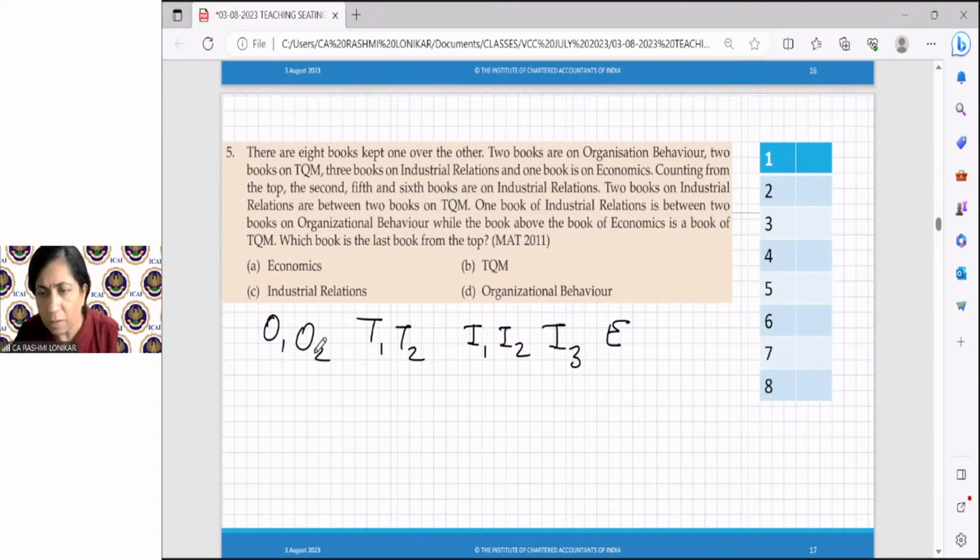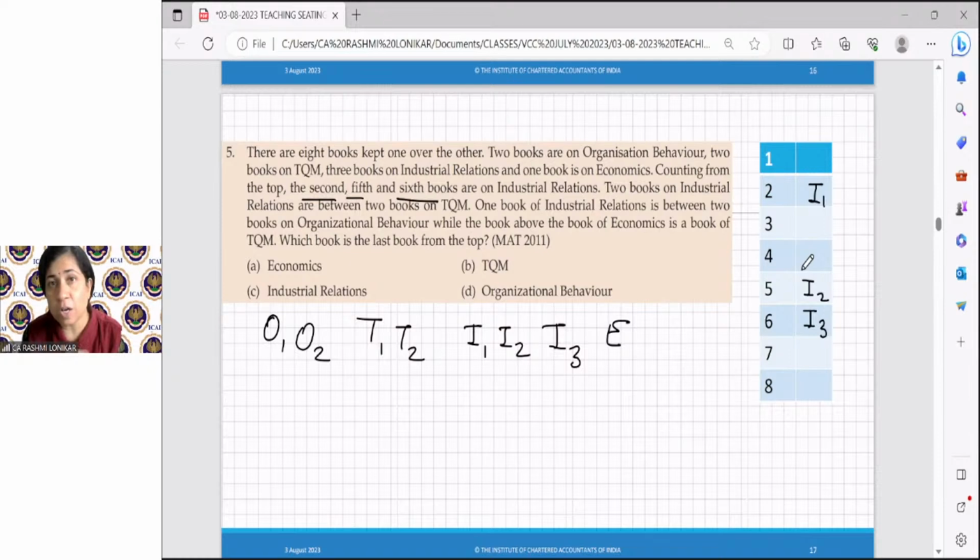What is happening? You have 8 books, you are keeping one over the other. Which are these books? 2 books on organizational behavior, 2 books on TQM, 3 books on industrial relations, and 1 book on economics. Now let us see. Counting from the top, the second, fifth, and sixth books are on industrial relation: I1, I2, I3.